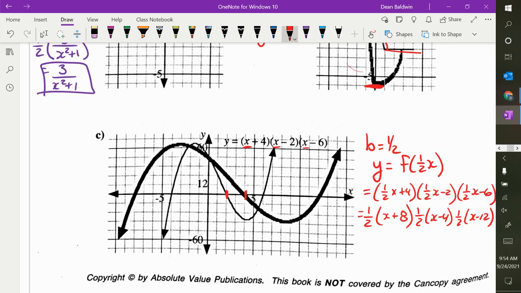But you can go 1/2 times 1/2 times 1/2 is 1/8. When you multiply fractions, top times top times top, bottom times bottom times bottom, you get 1/8, and you're left with x plus 8, x minus 4, x minus 12.